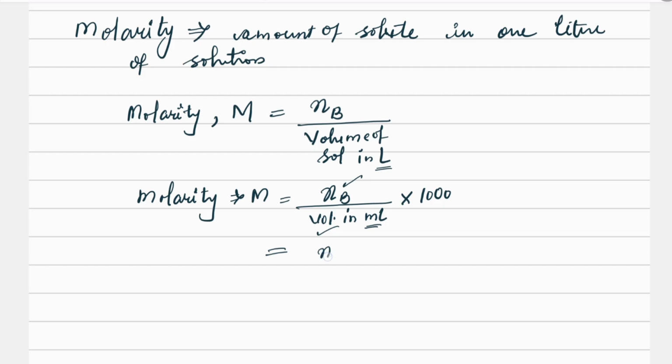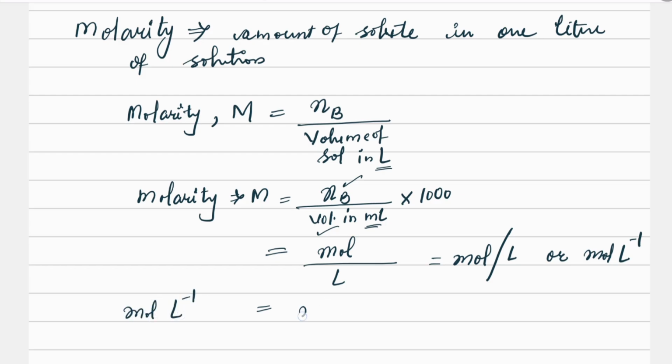Number of moles is mole, divided by liter, mole per liter, or it can be written as mole liter inverse. And this mole liter inverse is also known as molar. So we give it the symbol capital M.